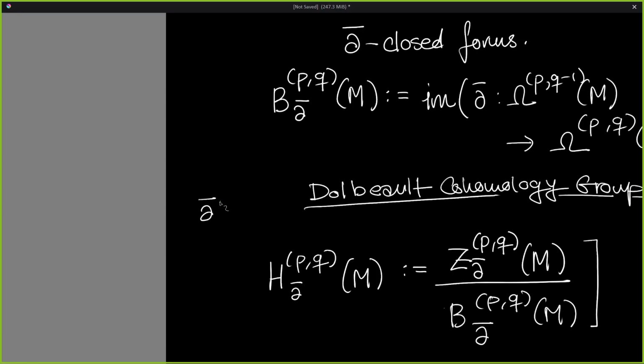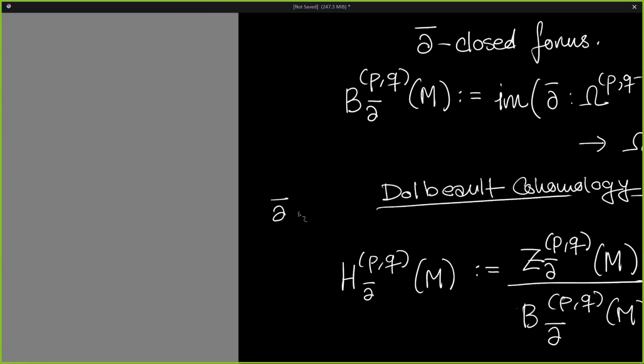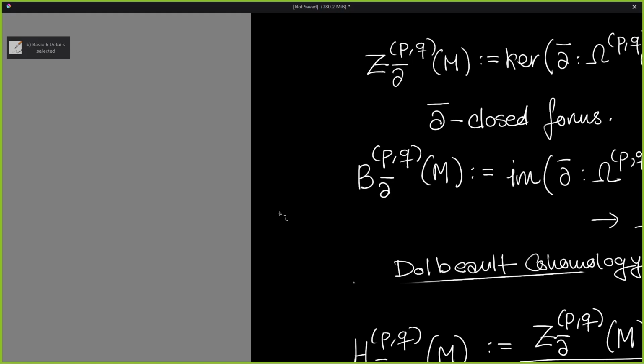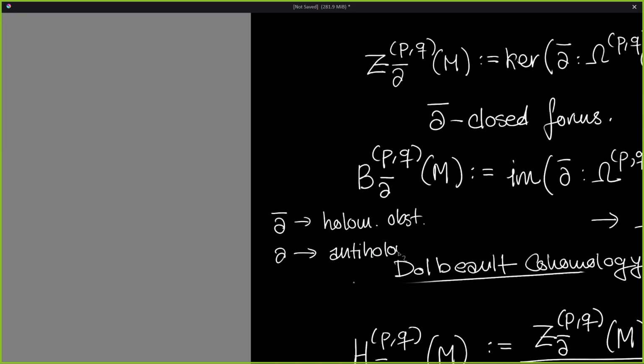This is where the fact that we can do this with partial bar and we can do it with partial is what's going to give us holomorphic obstructions. Partial bar is going to give us holomorphic obstructions, and partial is going to give us anti-holomorphic obstructions.